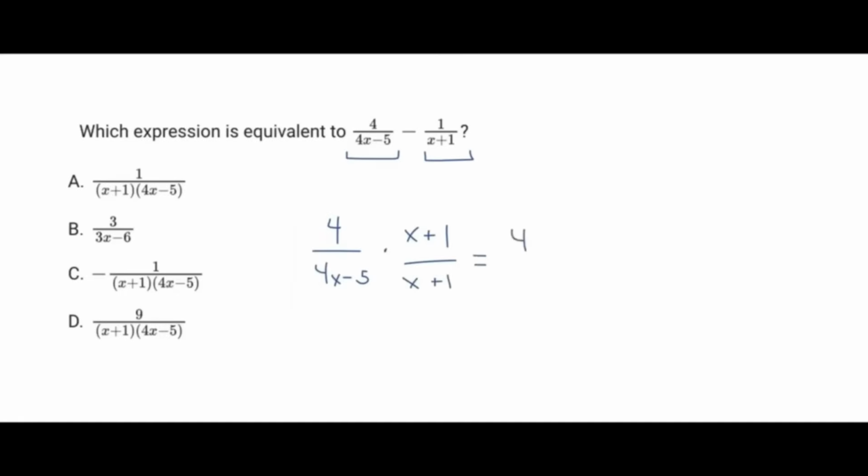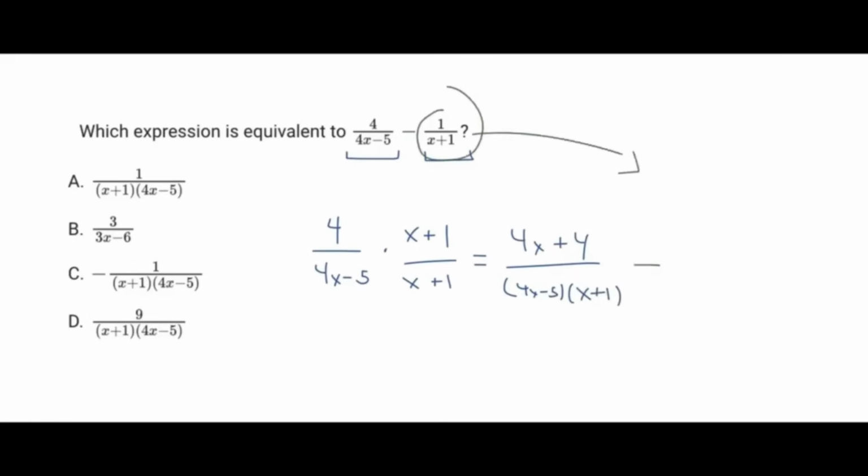And so here we'll get 4x plus 4 over 4x minus 5 times x plus 1. And so now we'll just want to do the same thing to the other side. So here we're going to have this term right here, 1 over x plus 1.